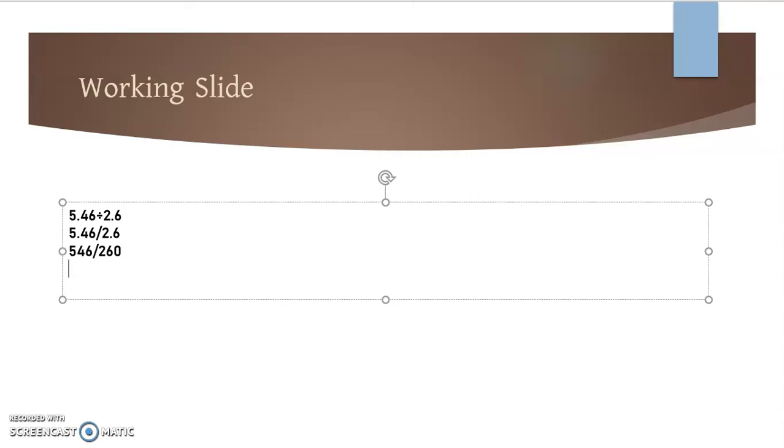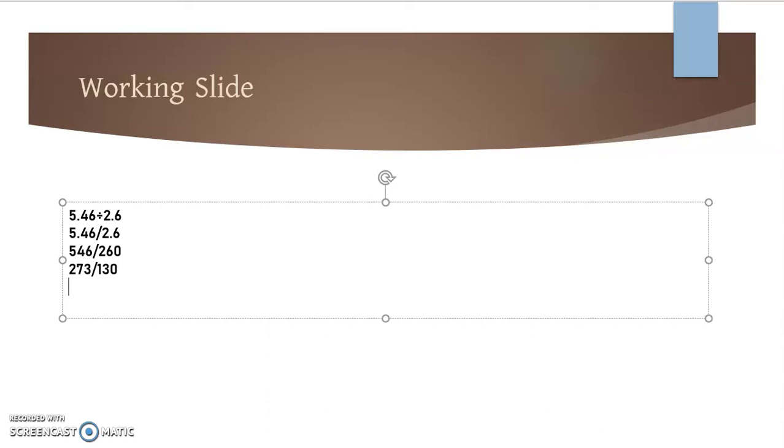Now let's simplify. Divide 546 by 2, okay, 273 divided by 130. Again, let's see if there is something we can divide by.